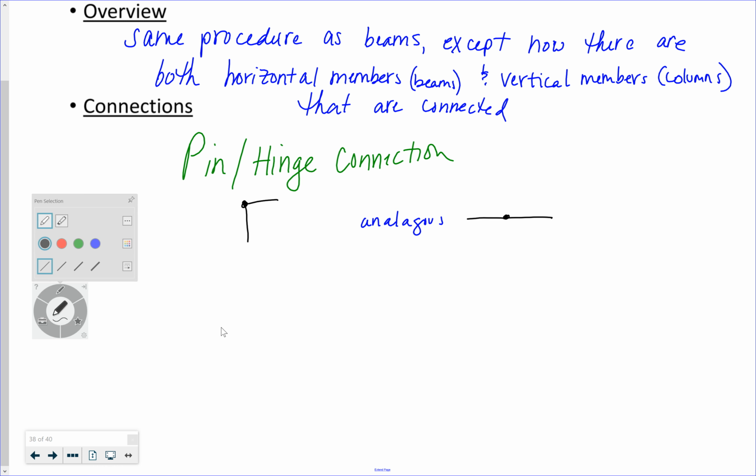And if we remember back to the lecture on idealized structures, we know that pins or hinge connections can only transfer forces.